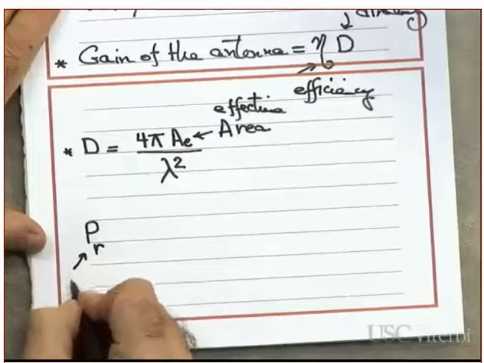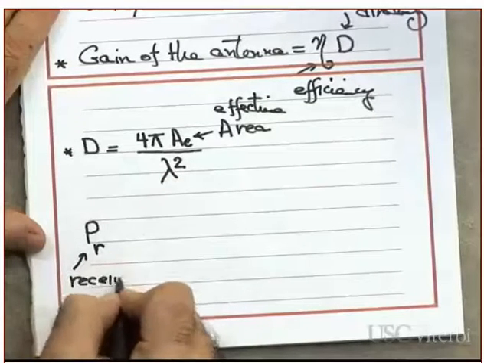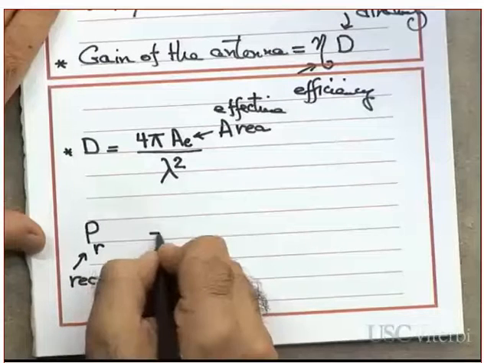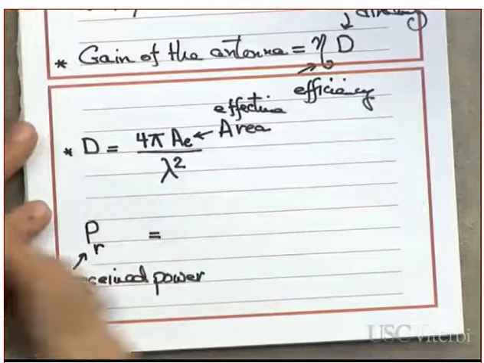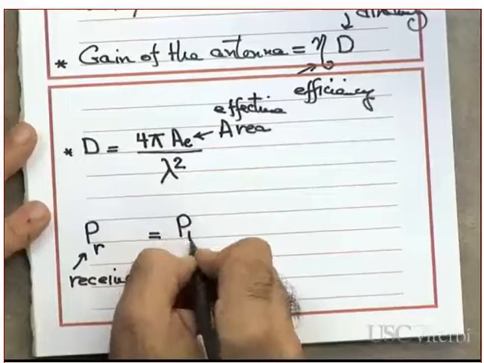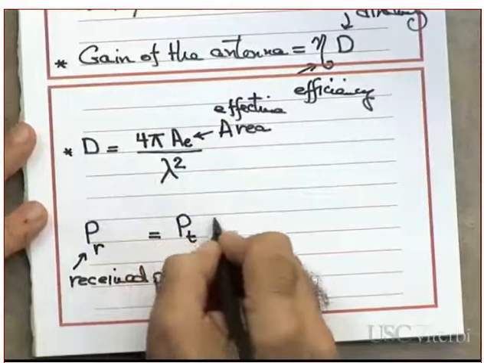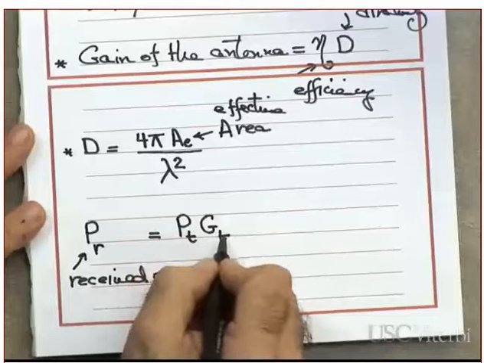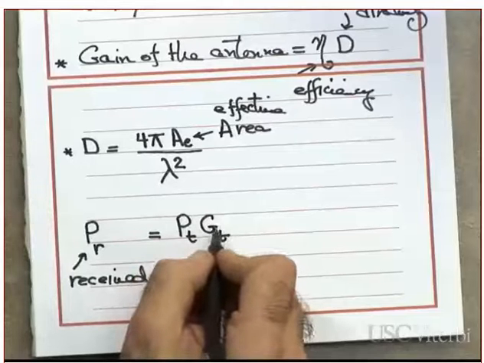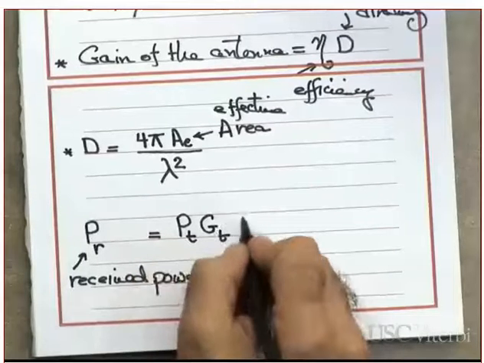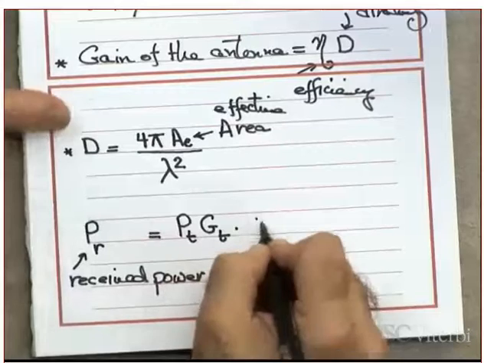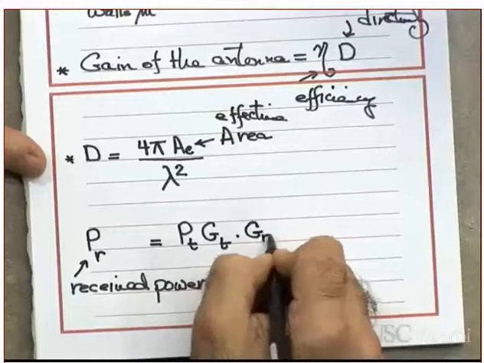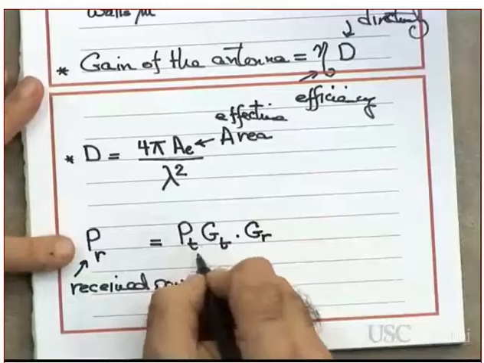The received power is equal to PT times GT. This is the antenna gain at the transmitter side. Yes or no? Times GR. Let's write first of all, GR. Yes or no? Over what?